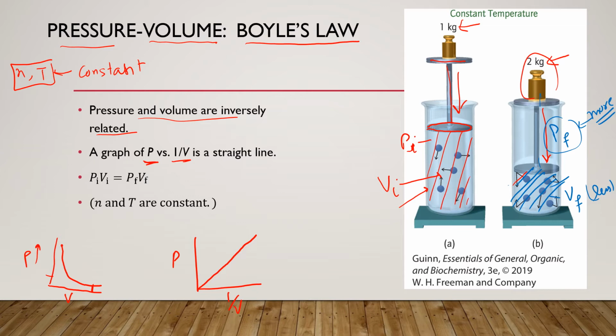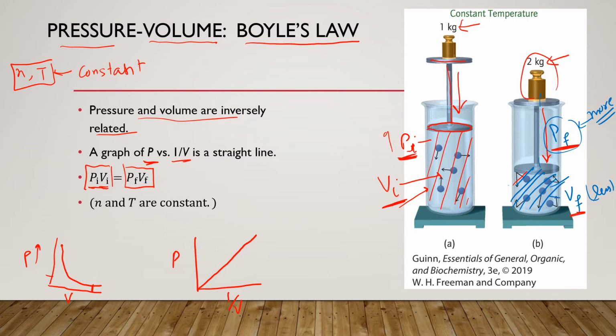And Boyle also discovered that the product of pressure times volume at any state will be equal to pressure times volume of any other state. For example, if we multiply the starting pressure with the starting volume, it will be same as final pressure and final volume. Why? Because if one component goes up, the other one goes down, so the product of those two components remains the same.